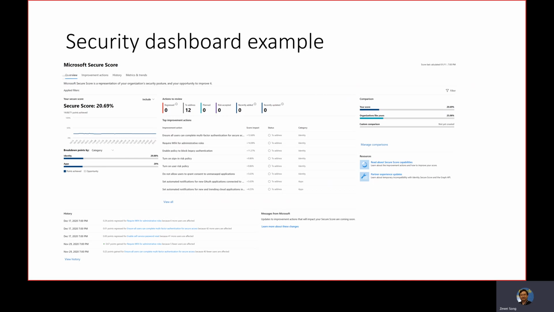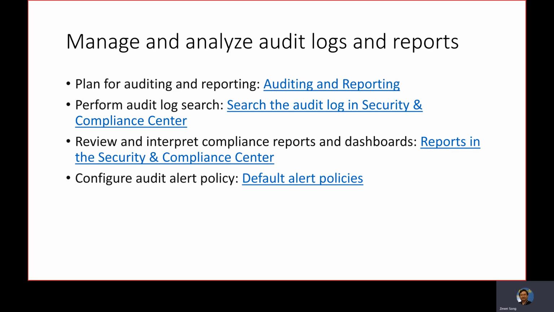It's like a small project management or task management system. You can assign actions to users, change status, mark them complete, give them a date, things like that. Once you're done with a change, your score will improve. This one is for the secure score.